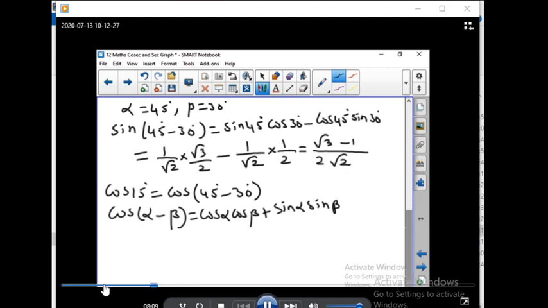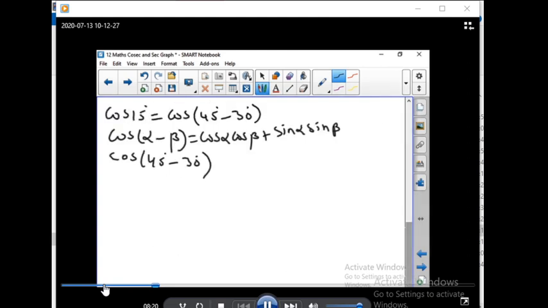Here alpha is equal to 45 and beta is equal to 30 degrees. So we have cos 45 cos 30 plus sin 45 sin 30.